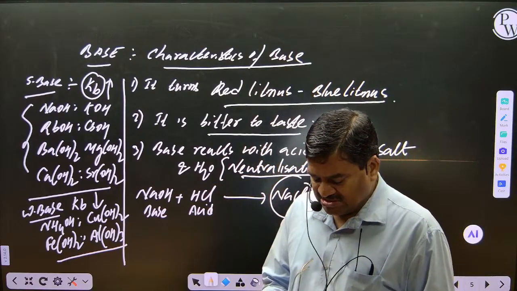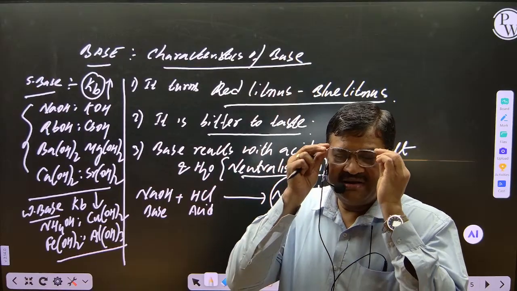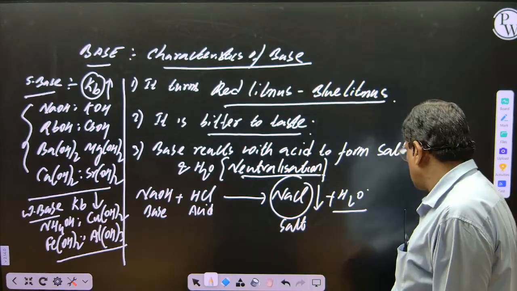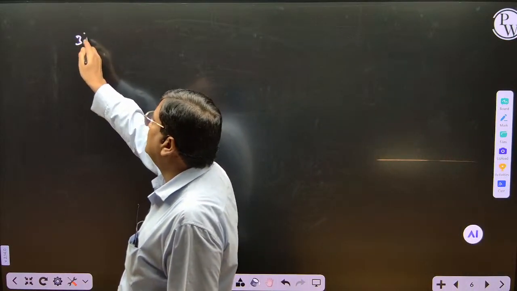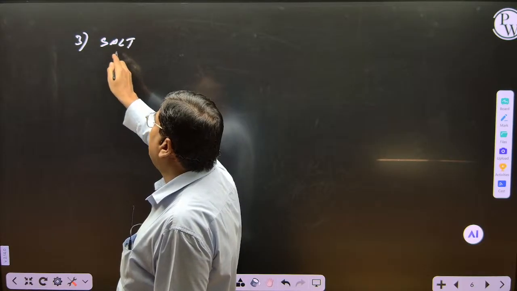So this is acid and base. Now next is salt. It is the third category, salt. Now what is salt? What do we define as salt, student?